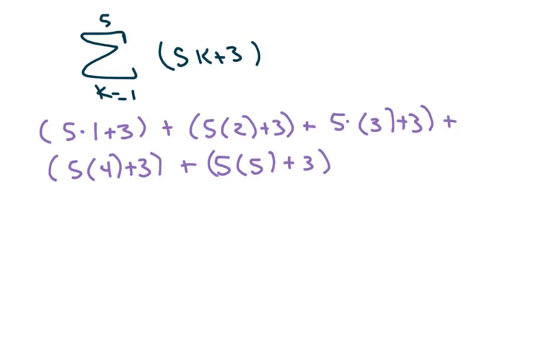And when you add all that up, you're going to get 8 plus 13 plus 18 plus 23 plus 28, equals 90.